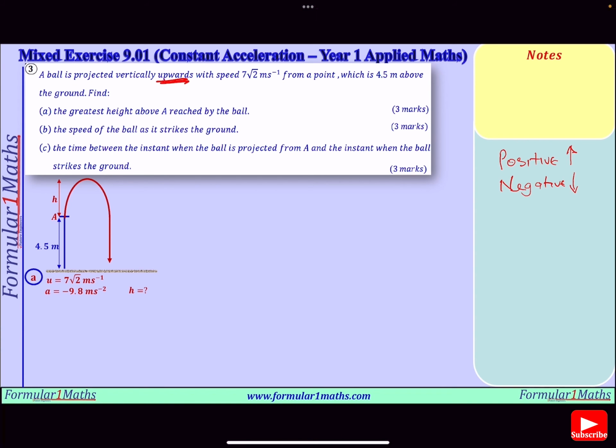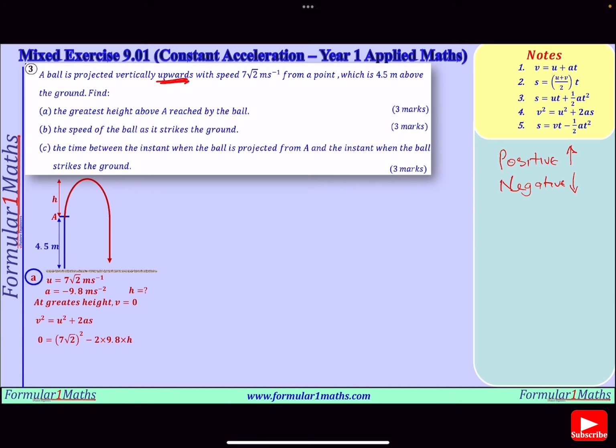We're looking for h, but at the greatest height, the ball comes to rest momentarily. So v equals 0. So we have u, we have a, we have v, and we want h. So the equation we are going to use is equation 4. Let's write that down and do our substitution.